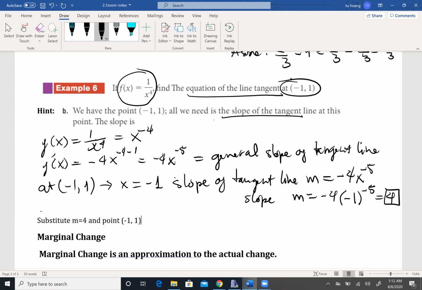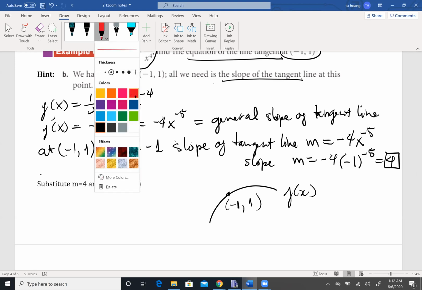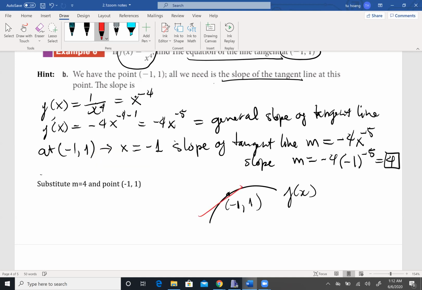I'm going to draw it here. I assume this is the curve of f(x), and point (-1, 1) is here, and the tangent line just goes through this point and touches the curve at (-1, 1).